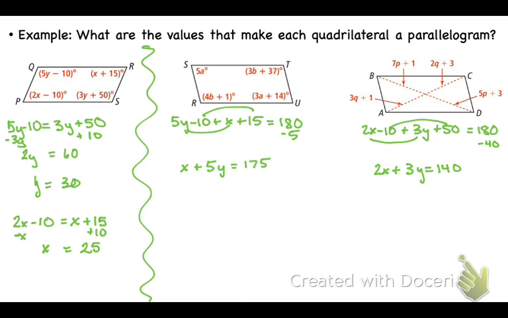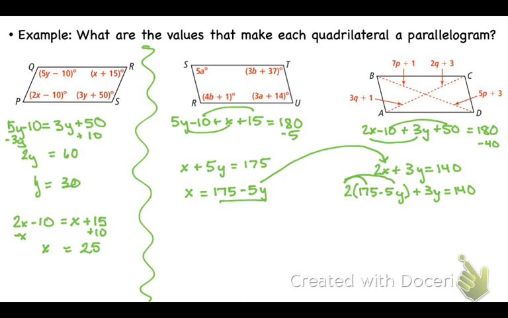So since I have x and y in both, could I solve this for x by saying that x equals 175 minus 5y? Could do that? So now if I say x equals this, can I plug that in for this x? Yes. So I have 2 times 175 minus 5y plus 3y equals 140. Then I have to do what with this 2?